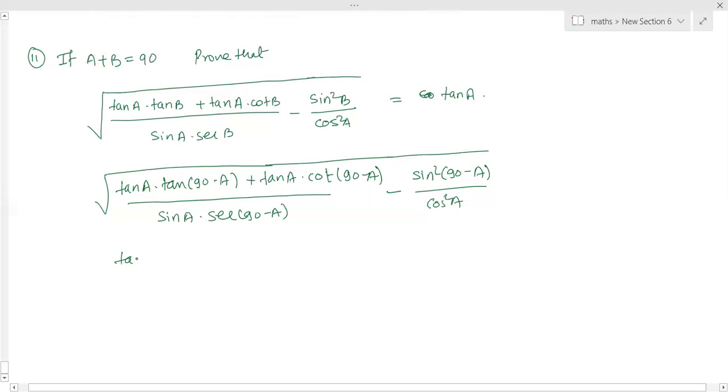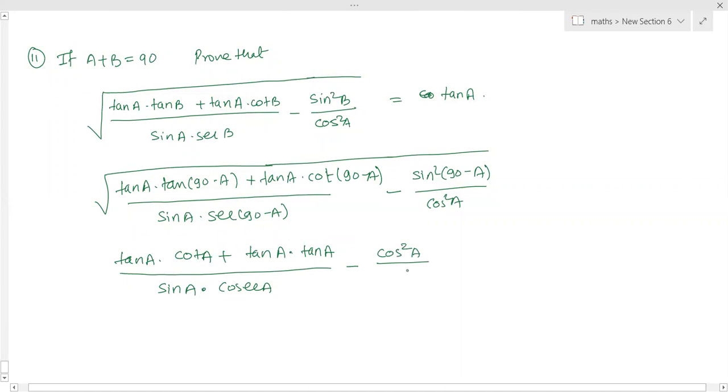Tan A, tan 90 minus A is? Cot A. Plus tan A into cot 90 minus A? Tan A. Sec 90 minus A? Cosec A. Minus sin 90 minus A?